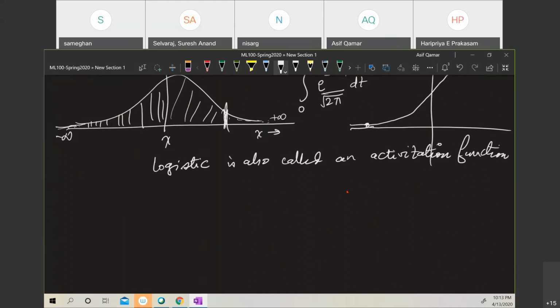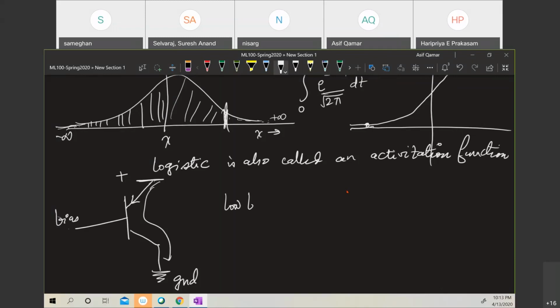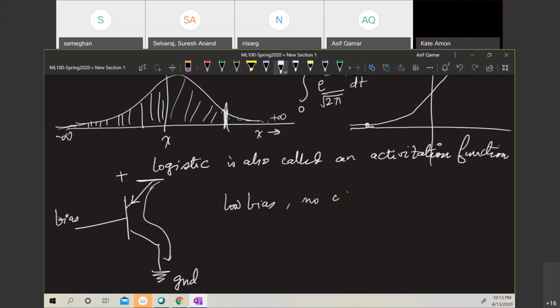For example, if you think of a transistor, those of you who remember your transistor theory, imagine that you have a positive charge, and this is the ground. This is the bias. What happens? When the bias voltage is low or negative, no current flows through. After a certain bias value, current begins to flow through.